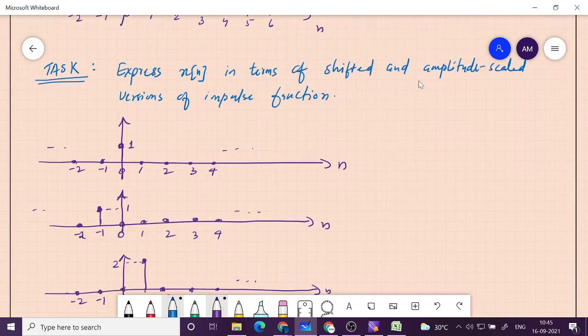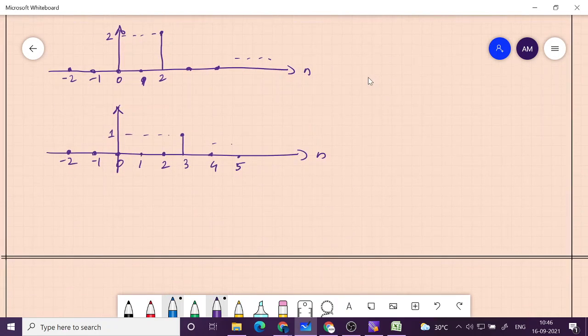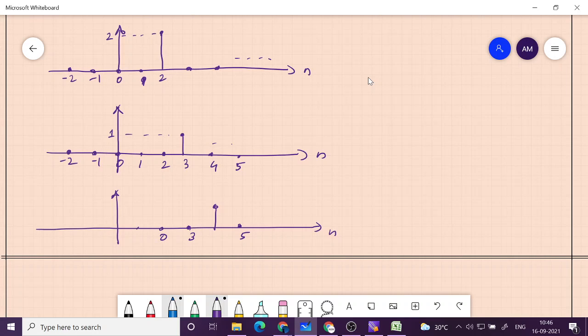One more place, everything else is 0. One more place, that is 4. At 4 I have 1, at 5 I have 0, at 3 I have 0, at 2 I have 0, at 1 I have 0, at 0 I have 0, at -1 I have 0, at -2 I have 0, etc. So these are different functions.